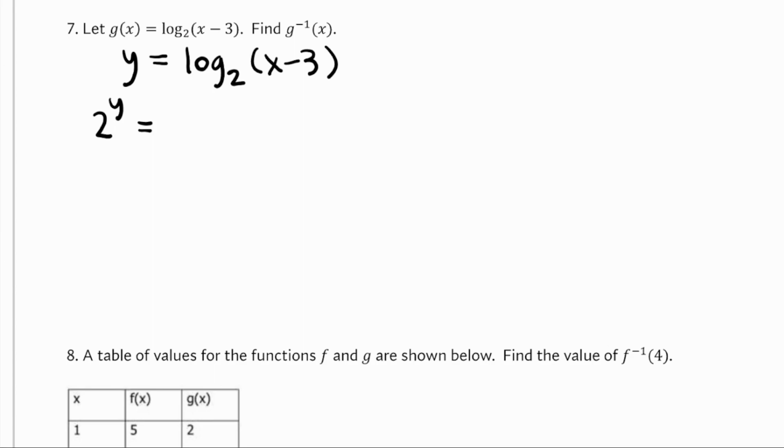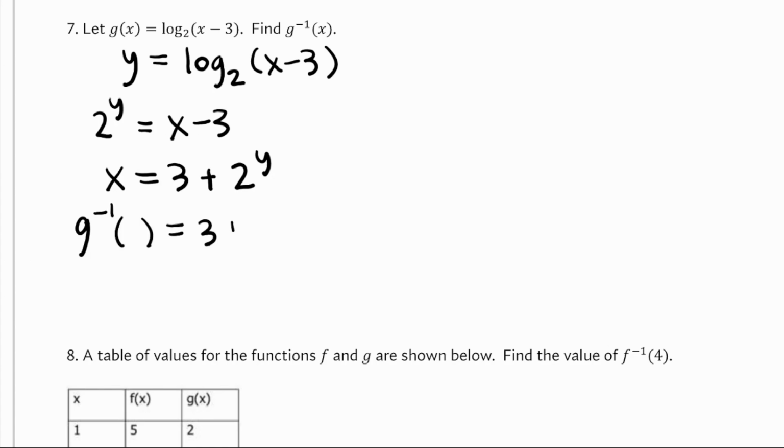Those kind of kill each other off, and I'd have x minus 3. And I can solve for x by saying x equals 3 plus 2 to the y. This is a suitable rule for the inverse, but this is not g inverse of x. Really this is a formula for g inverse of y. So g inverse of a number is equal to 3 plus 2 to that number. If we needed to plug in x for g inverse of x, well, that's what we'd have: 3 plus 2 to the x.